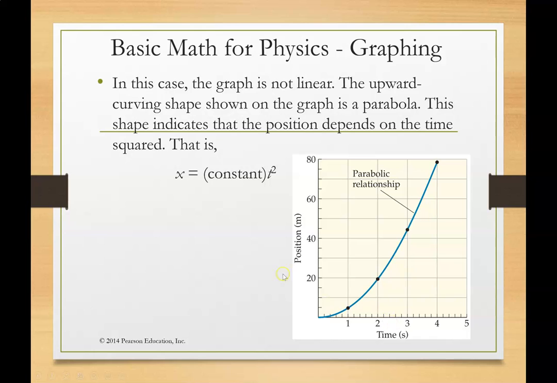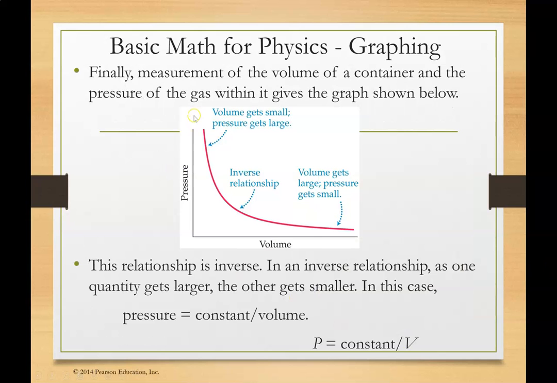Like we say here, x is equal to some number times t squared. But we'll get into all that too. Here, if we have a decreasing line or a decreasing curve, then we know that that's an inverse relationship. As the volume in this case increases, our pressure decreases.